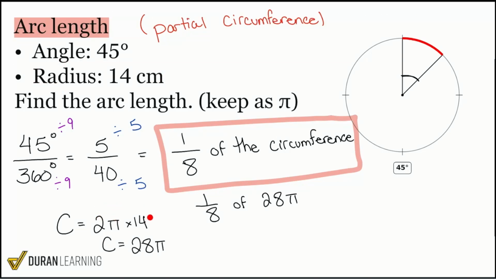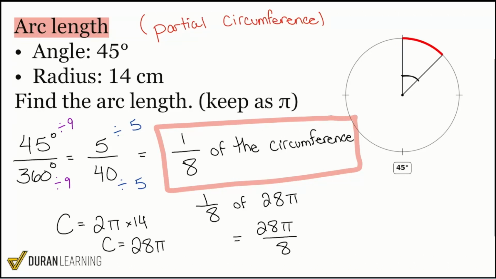So 2 times pi times 14. 2 times 14 is 28 pi. So we'll replace that circumference with that 28 pi, and we just do the math. 1/8 of 28 pi can be written as 28 pi over 8. My party people, when we try to simplify this, 28 and 8 are both divisible by what?